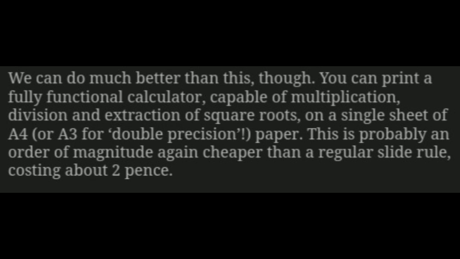Now we can do much better than this. You can print a fully functional calculator capable of multiplication, division, and extraction of square roots on a single sheet of A4 paper. This is probably another order of magnitude cheaper than a regular slide rule, costing about 2 pence.